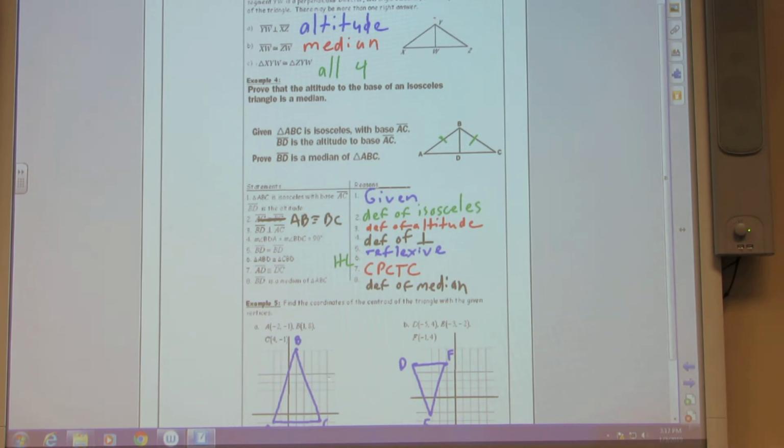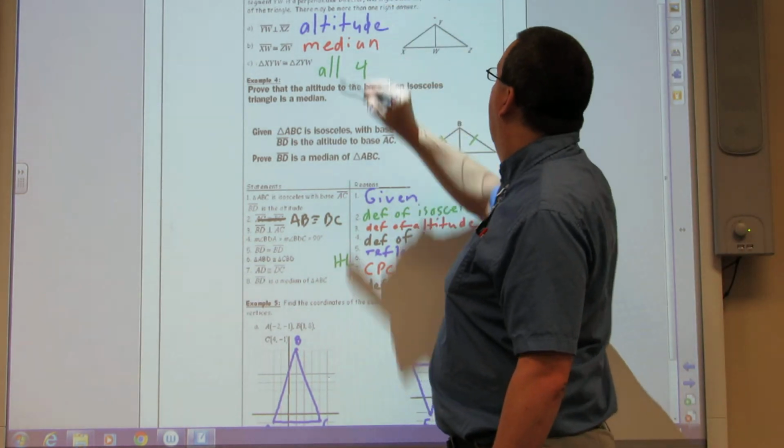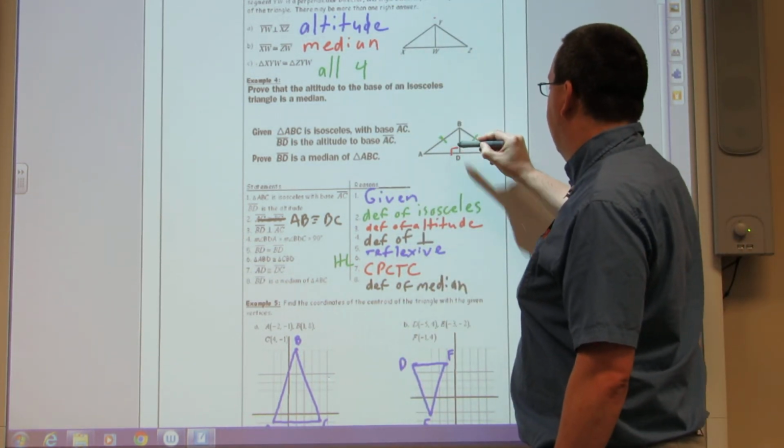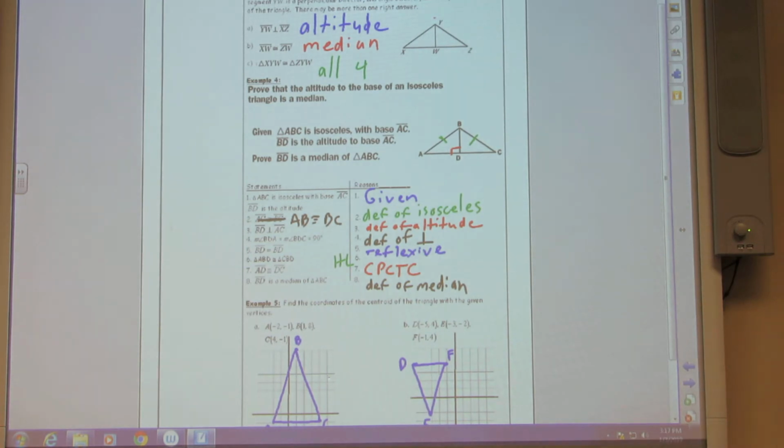That's number 2. Because it is an altitude, I know that this angle is 90 degrees. I know that those things are perpendicular. That's what I know based on an altitude. That also gives me 4. Because it's perpendicular, it's 90.